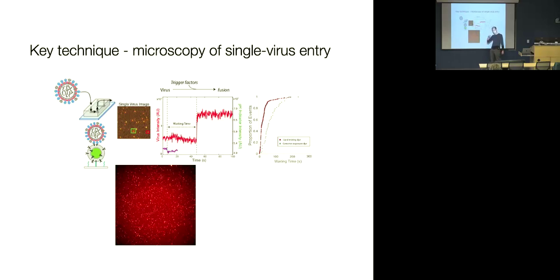And so we get images like this, where each spot is an individual virus. And if we take a movie of this, while fusion is being triggered, what you see on a time trace for an individual spot is that it sort of goes along, and then when you get fusion, you get a spike in signal. So either a dequenching spike from the fluorophore or a big quantum gain when the nucleic acid binding dye encounters genome.